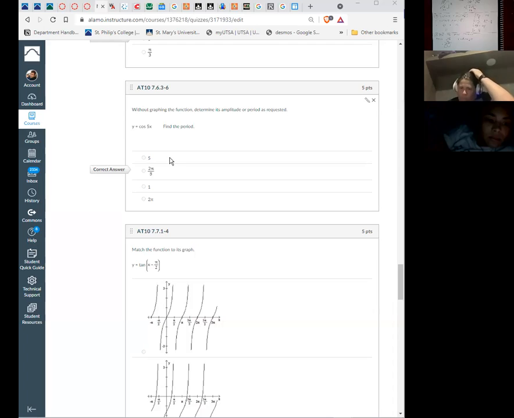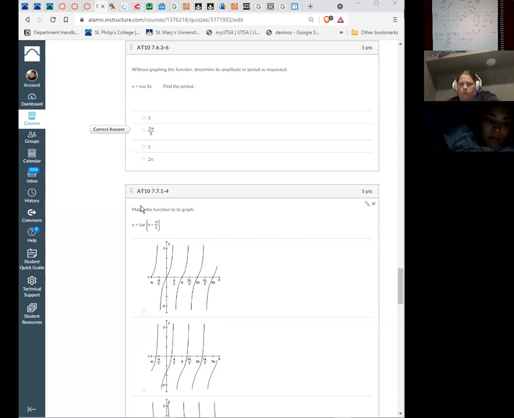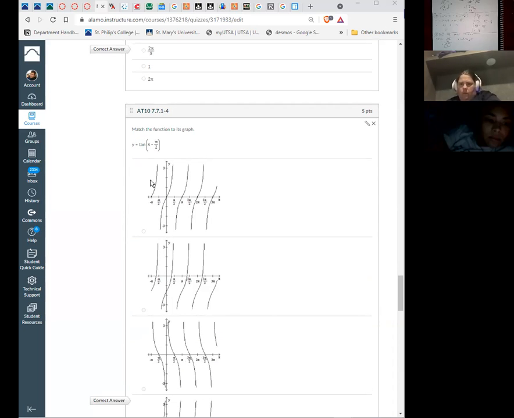Any questions on number 17? Okay. 18 is nothing to do. All you need to do is remember, what does tangent look like? Well, it's one of these types. Shifted pi over 2 to the right-hand side.